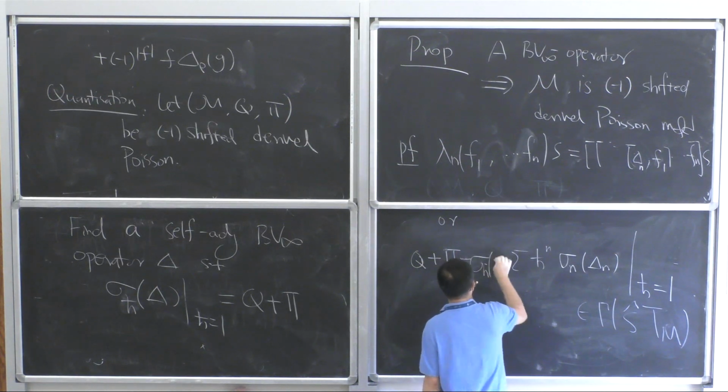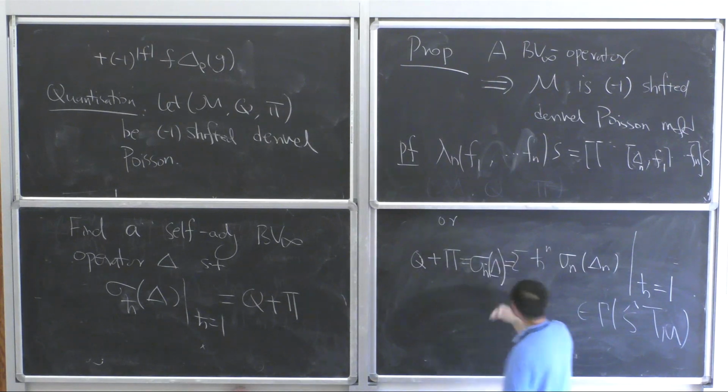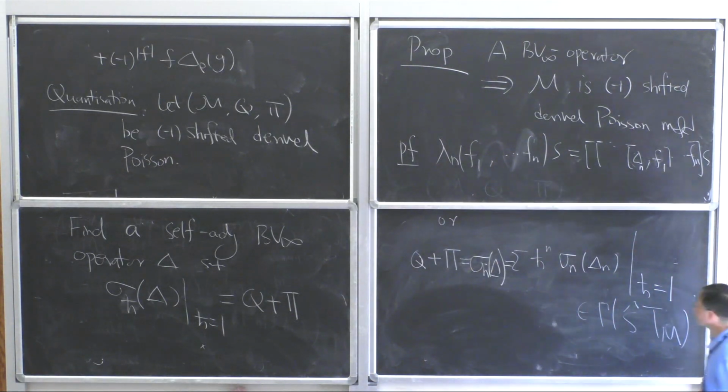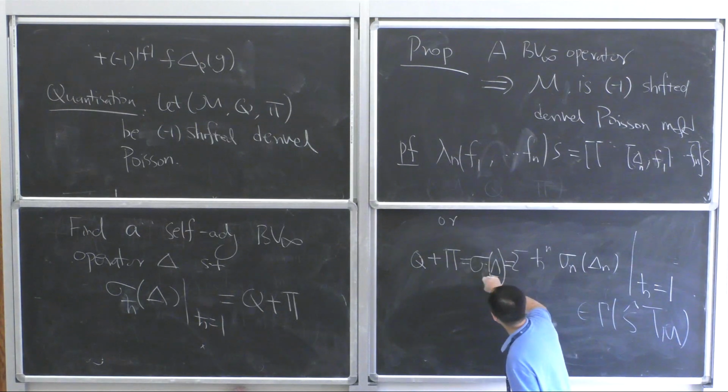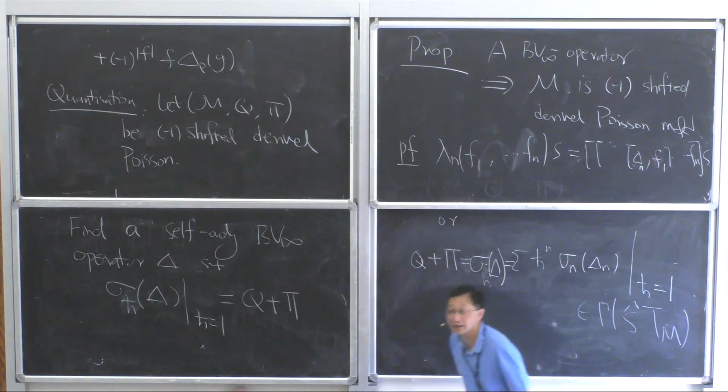By definition, sigma h stands for taking each delta n, taking its principal symbol map. And that's the quantization problem.